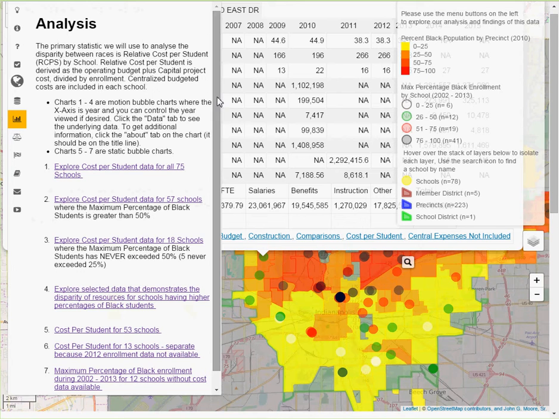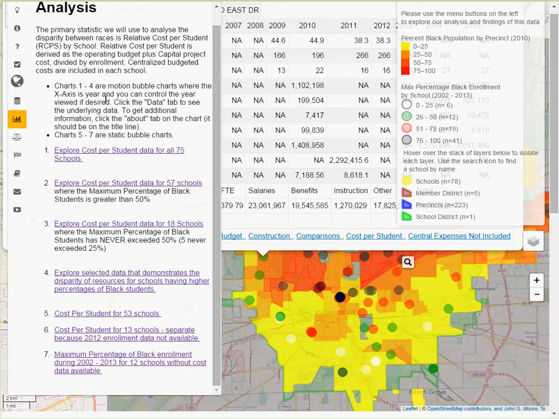Here in the analysis, we've done some charts. The first four are motion charts. And they're pretty busy because there's about 75 schools that we're following over a 10-year period.